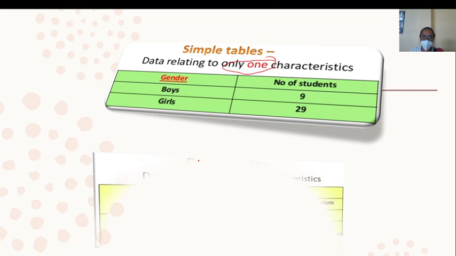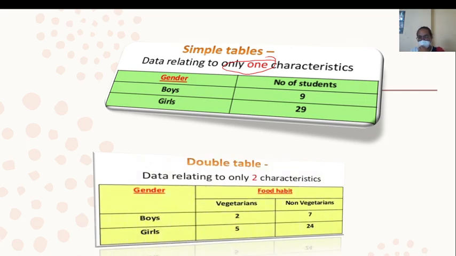We have also double table. Here, from the word double, relating to only two characteristics. Di ba kanina sa simple table, inalam lang natin kung ilang babae at lalaki ang naka-enroll sa subject na elementary statistics and probability.